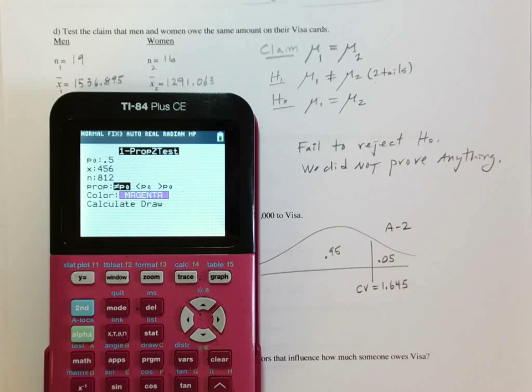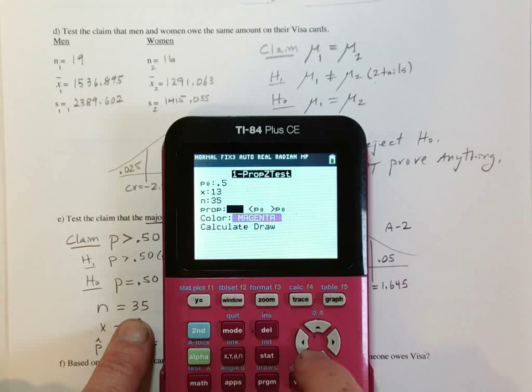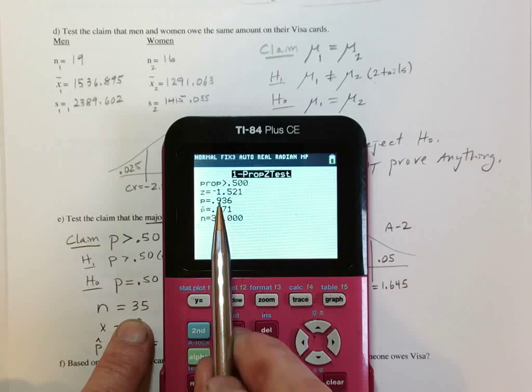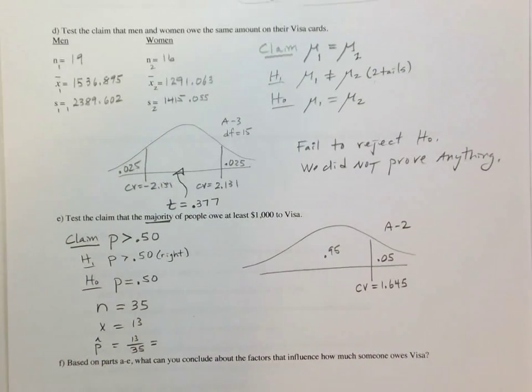Okay, then one proportion z-test. For this, you just have to tell it what number is in the claim or in H sub O, so that's 50%. X was 13 people, so 13 people out of 35 people. This is pointing to the right, and then calculate, and the test statistic turns out to be negative 1.521.